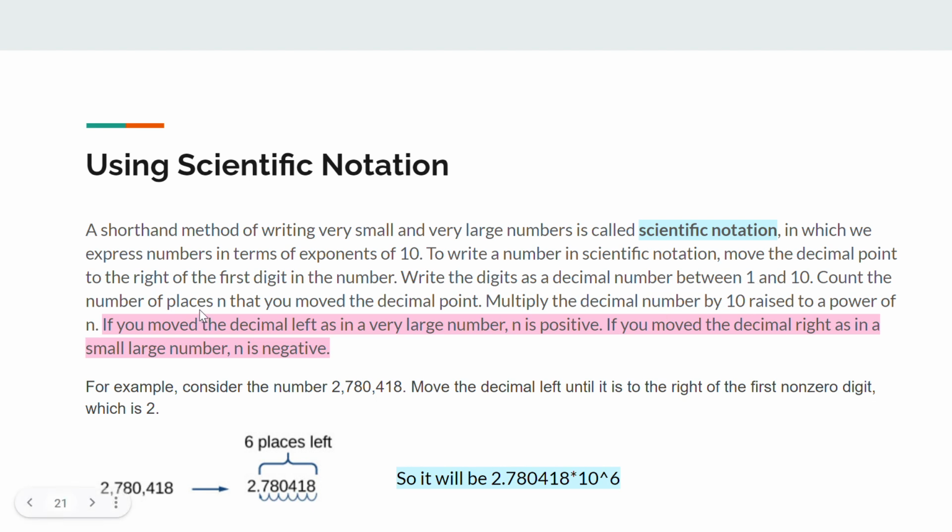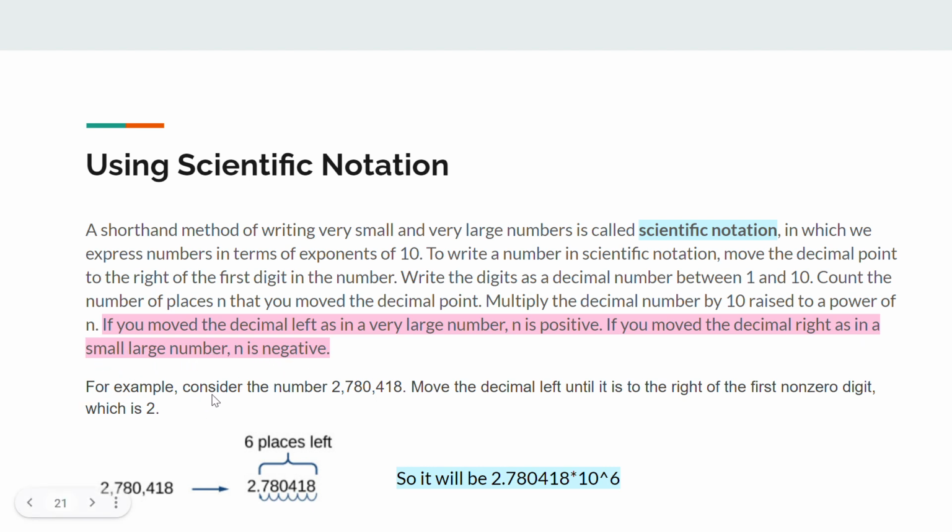Count the number of places, n, that you moved the decimal point. Multiply the decimal number by 10 raised to the power of n. If you move the decimal left, as in a very large number, n is positive. But if you move the decimal right, as in a very small number, n is negative.